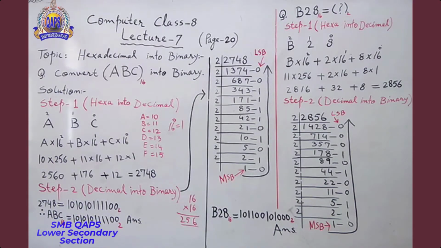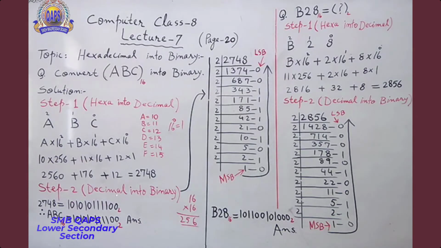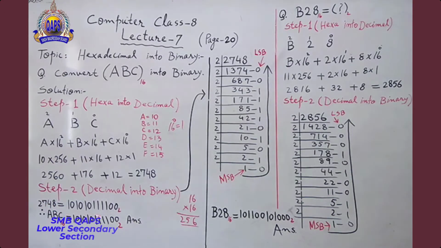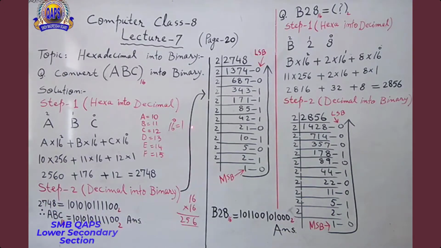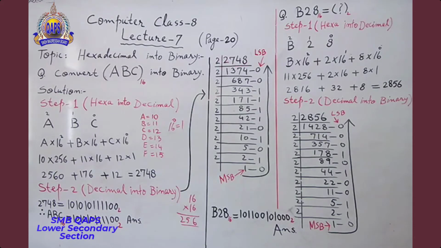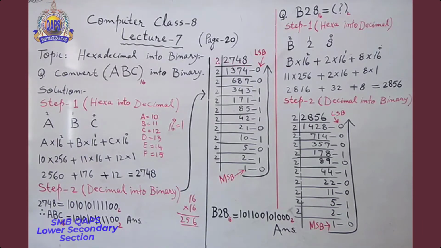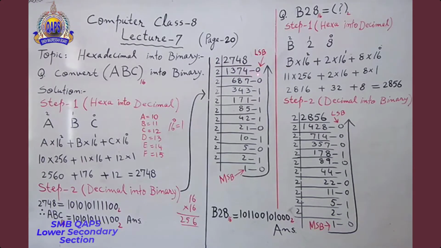All right. Step number 2. Decimal into binary. We have this decimal number over here. 2748. Make its binary. 2748 divided by 2. The answer is that left 0.